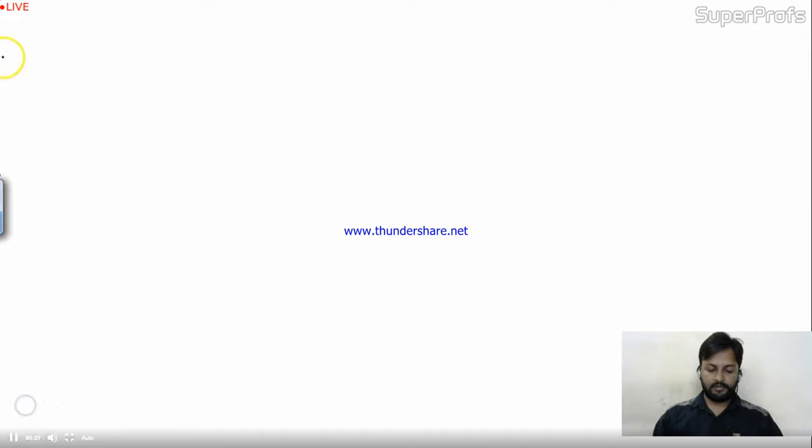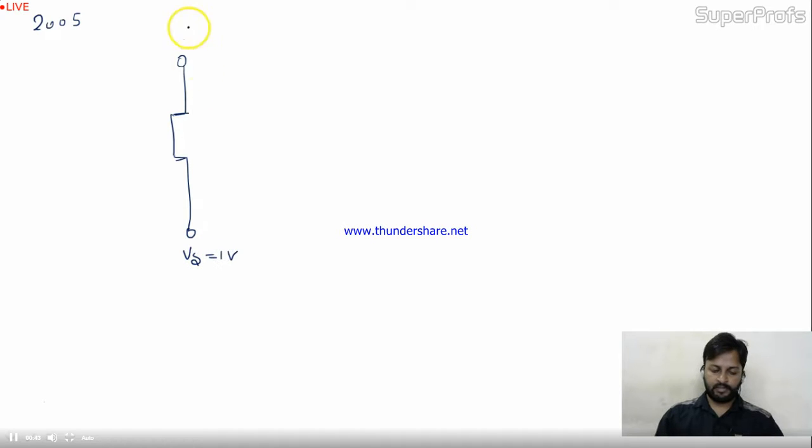So this is the GATE 2005 problem, and the circuit of the problem is: Vs given 1 volt, Vd 5 volt, and Vg over here is 3 volt.